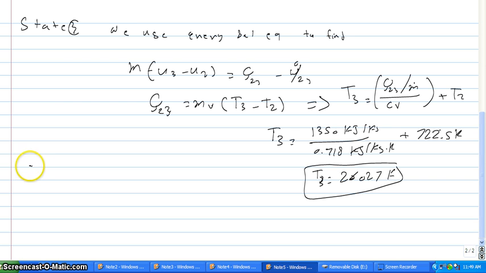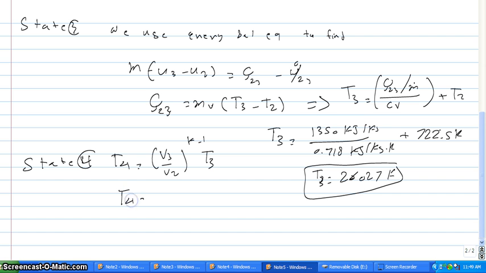We're missing T in state 4. We go to state 4 right now and find T4, using this equation: T4 equals (v3 over v2 — that is, 1 over 9) to the power of k minus 1, multiplied by T3.